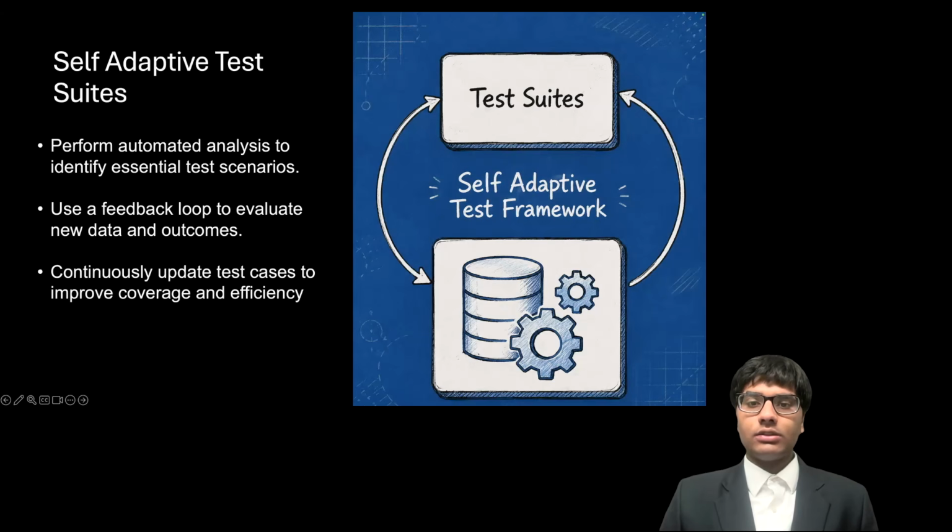Based on this feedback loop, the framework can add, remove, or modify test cases to better reflect changing data patterns and requirements. Finally, this adaptive process ensures that the selected dataset remains representative of required scenarios while continuously improving test coverage, leading to more efficient and robust AI model training.